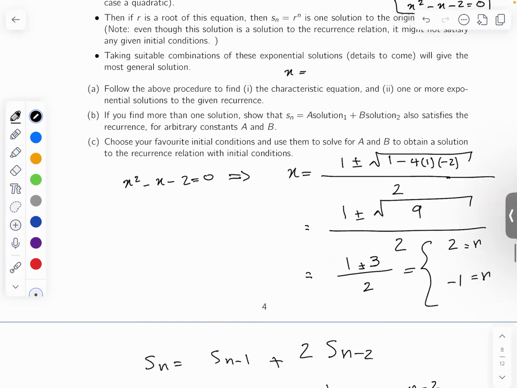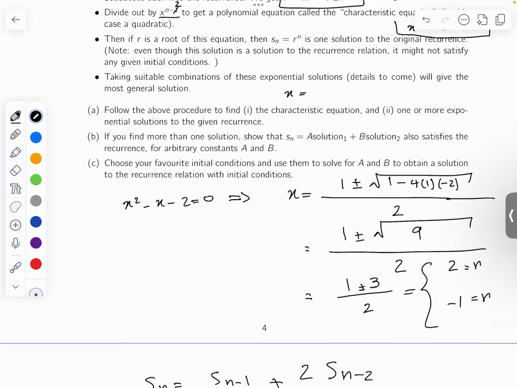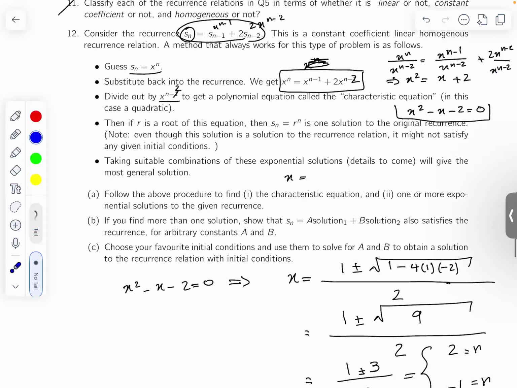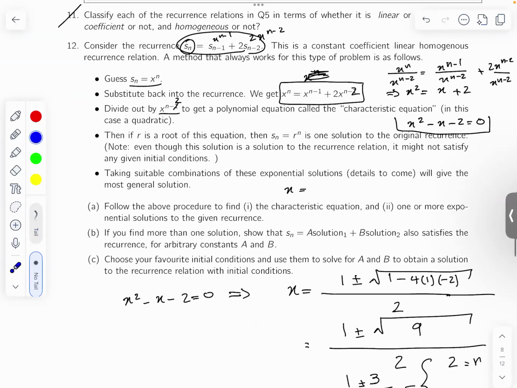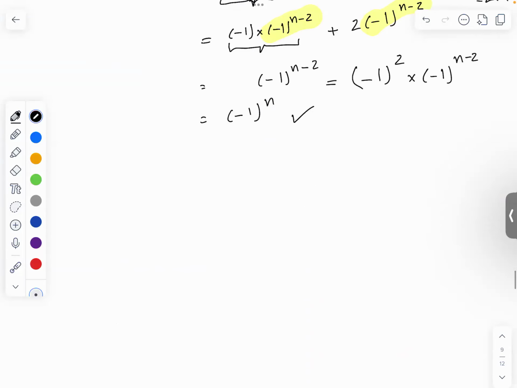So it says that if we have two solutions, let's study this one. Taking suitable combinations of these, follow the above to find the characteristic equation. Okay, so this will be Sn, the constant a times 2 power n plus b times minus 1 power n is the solution of Sn.